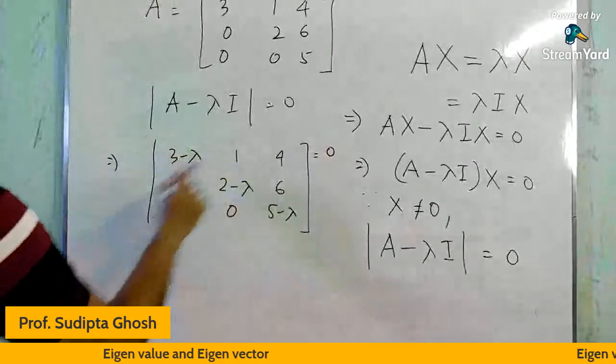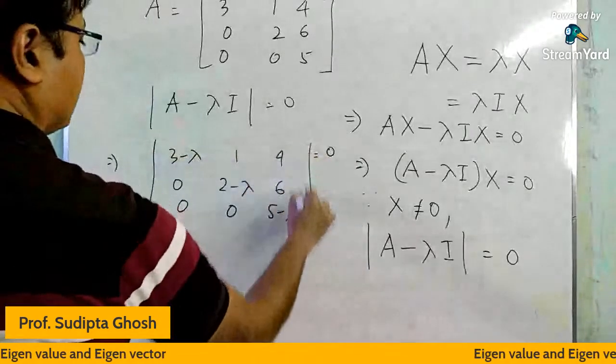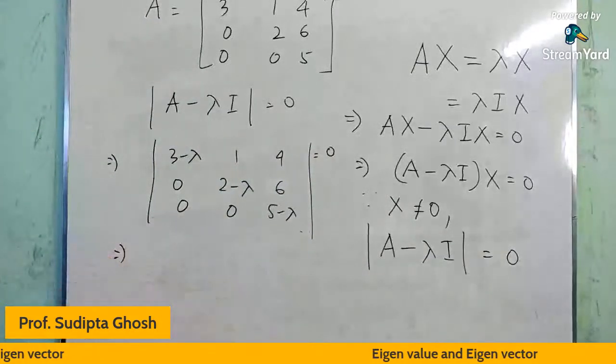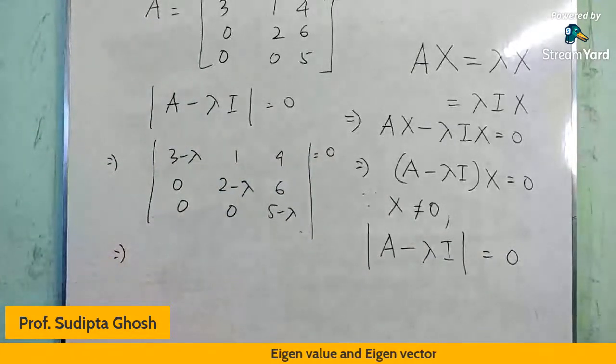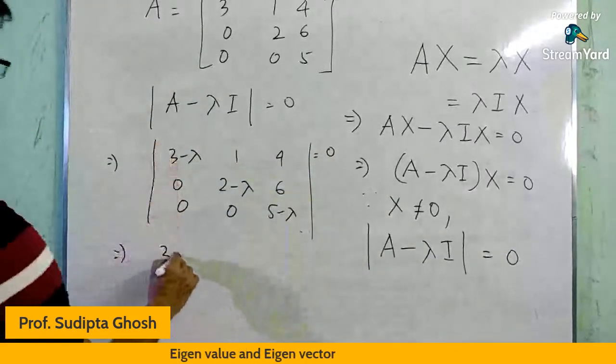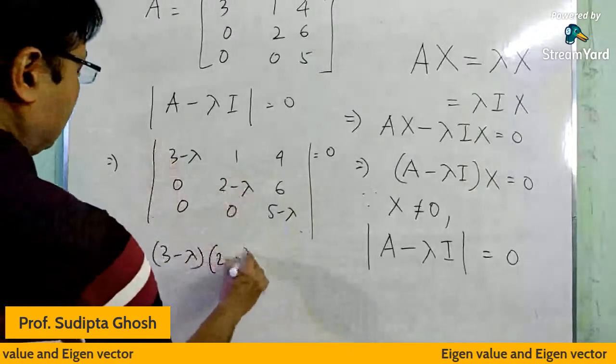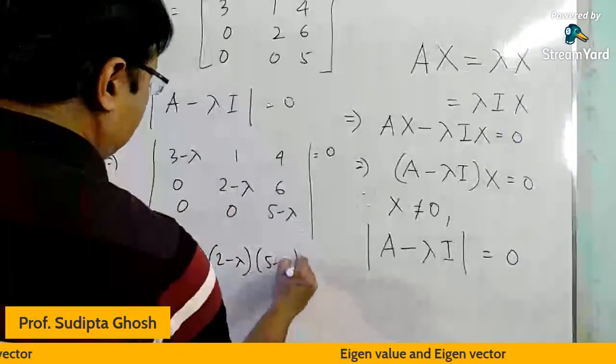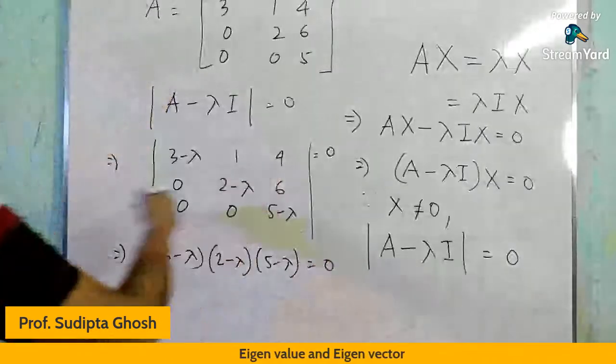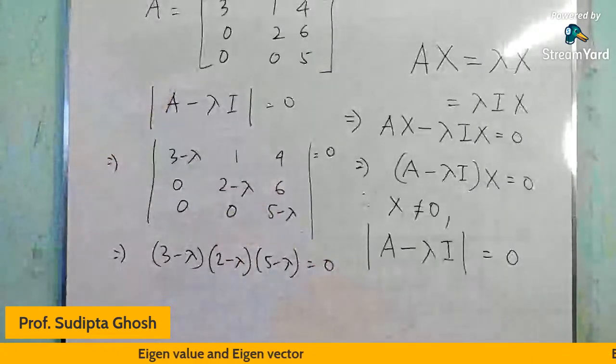Sorry, it will be the determinant. Now we have to expand this determinant. It will be 3 minus lambda into 2 minus lambda into 5 minus lambda equals to 0, because the other terms are 0.